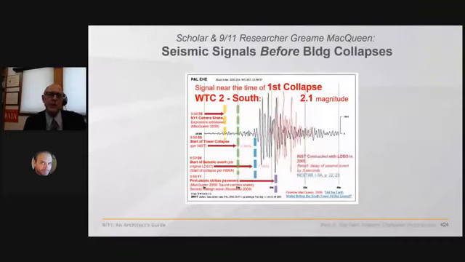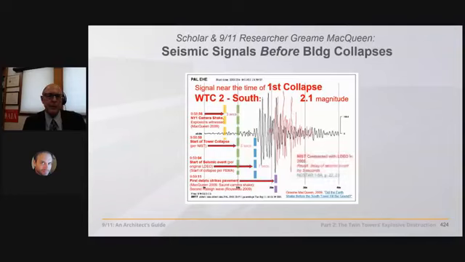What could have caused that seismic event? Well, one thing we should be looking at is additional cameras. This work has been done, by the way, by Graham McQueen in 2009.